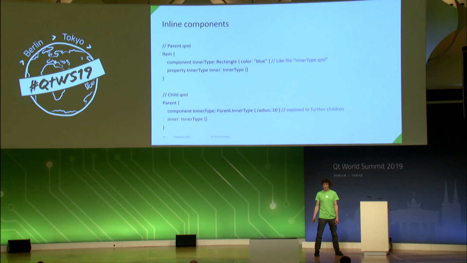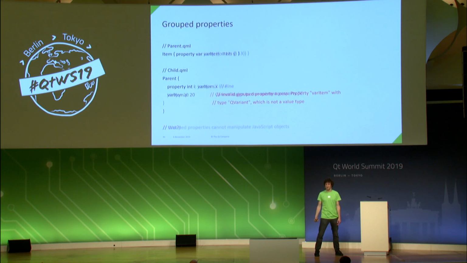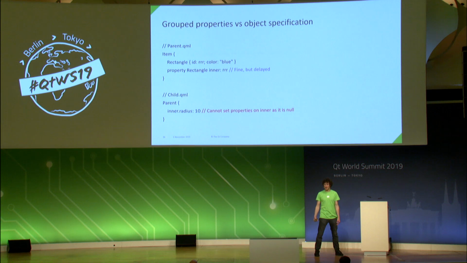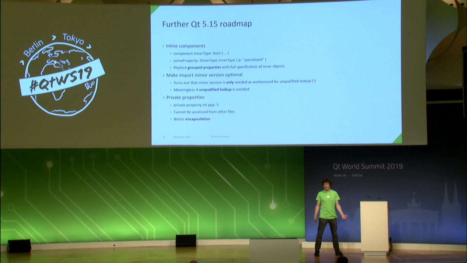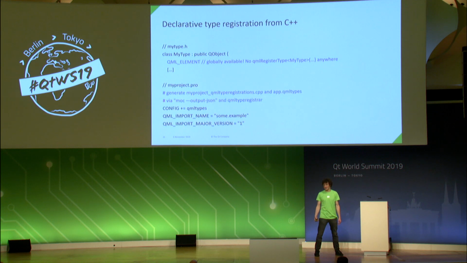You have to have one URI per project, so per library or plugin or application. You can't have multiple of those. I mean, you can, but then you have to do a procedural type registration. Or you split up your project into multiple libraries. If you have so many QML types in different namespaces, you might want to do that anyway.